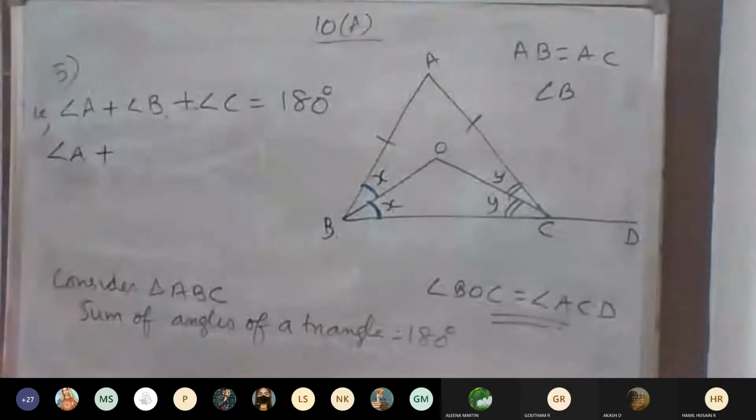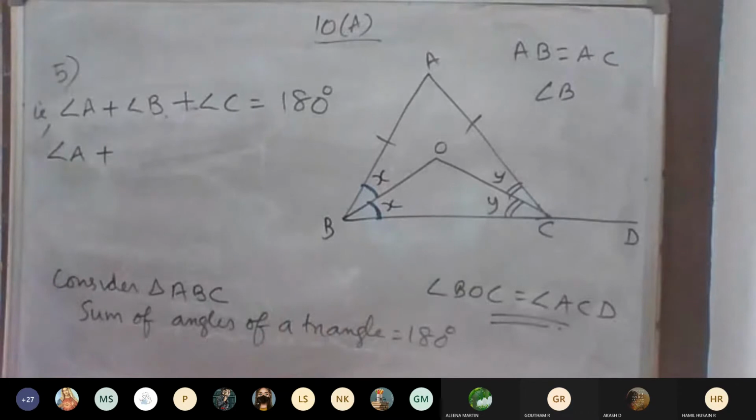Then represent angle B. Angle B we can write as what? Look at the figure. What do I want to write in place of angle B? 2x.